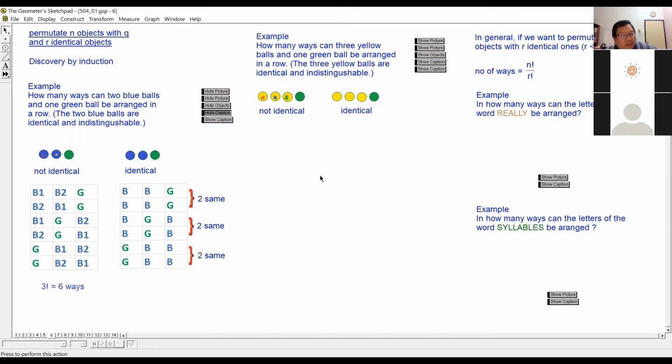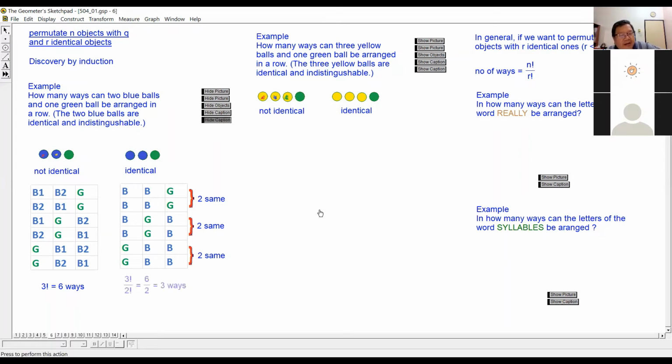So what should I do? In the first case, if they are not identical, of course, three objects, 3 factorial, 6 ways. When the two objects are identical, how to count? How to get rid of this repeated number of ways?